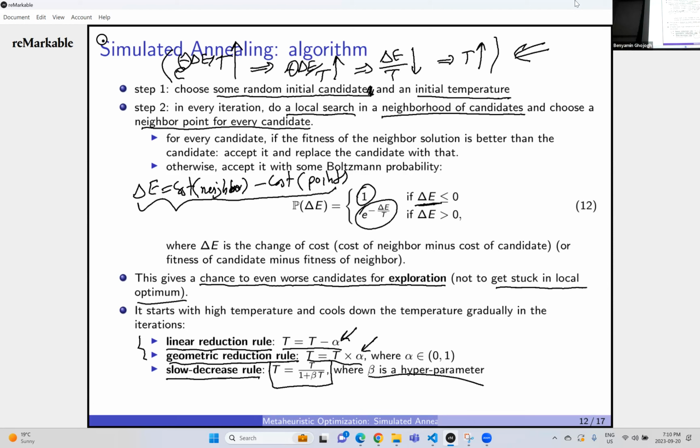Did you understand what I'm saying? You should be careful: delta E negative means that my neighbor is better. If you are minimizing a cost, then delta E is this equation. If you are maximizing a fitness, delta E should be fitness of point minus fitness of neighbor. Agreed?